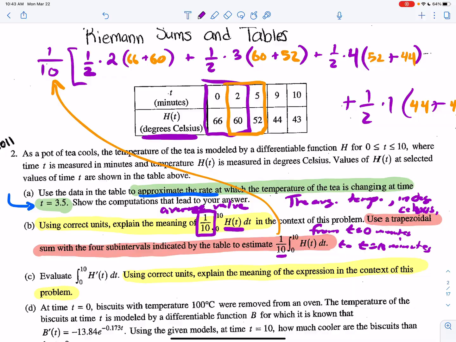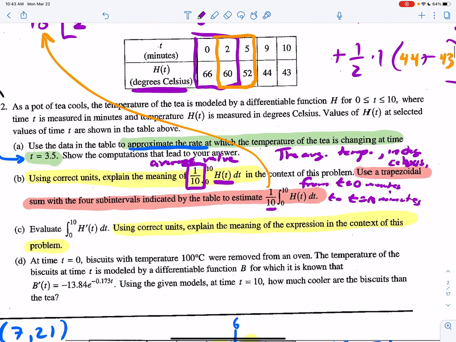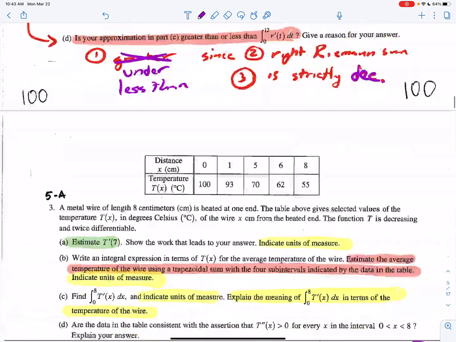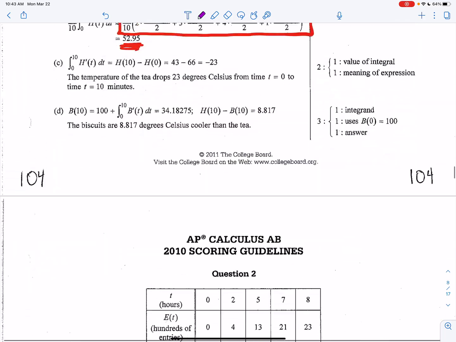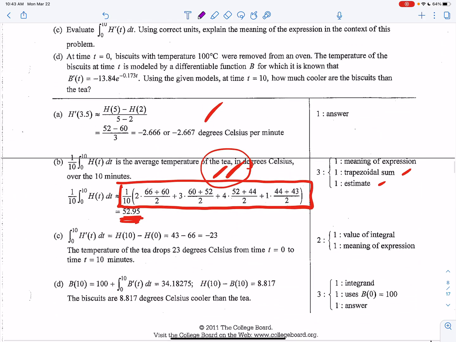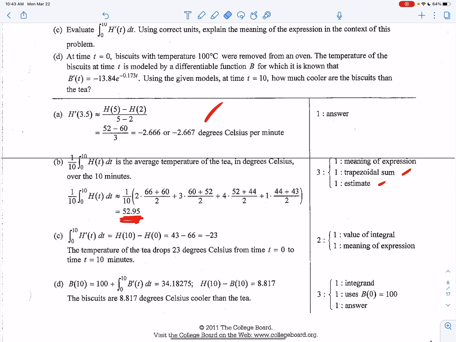Okay, so this is the last one I'm going to go over here. Take a look at the scoring guidelines. It's flexible, but also it's not. What they're looking for here, notice how they give you a point for the meaning of the expression. You had to say the average temperature, but you had to show the measurement of the temperature, so the units, over the course of 10 minutes.